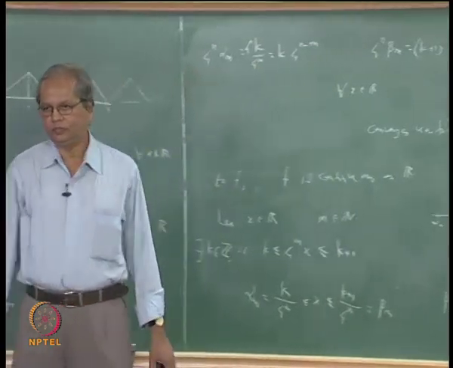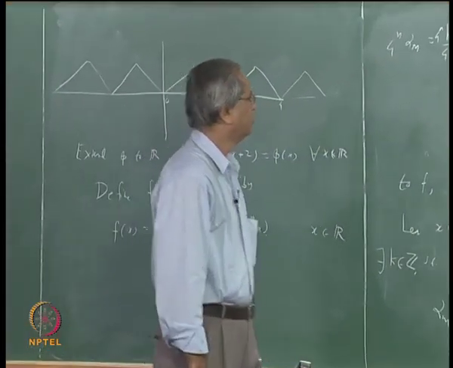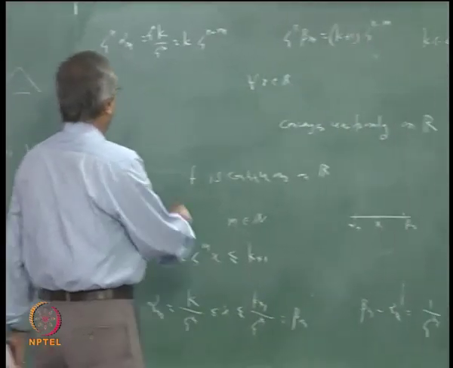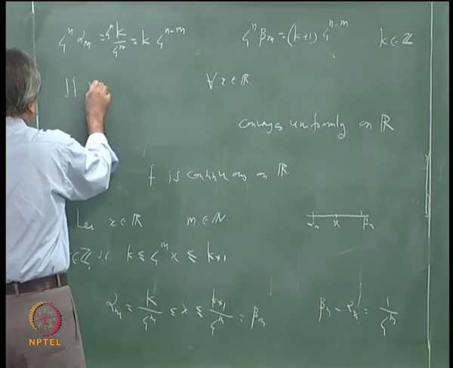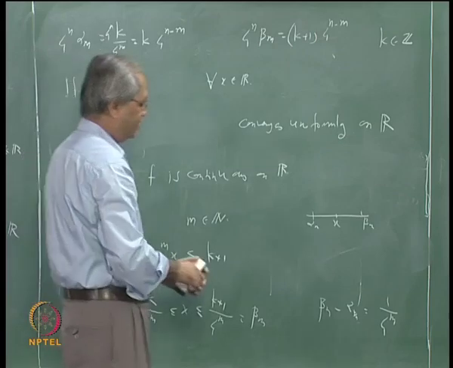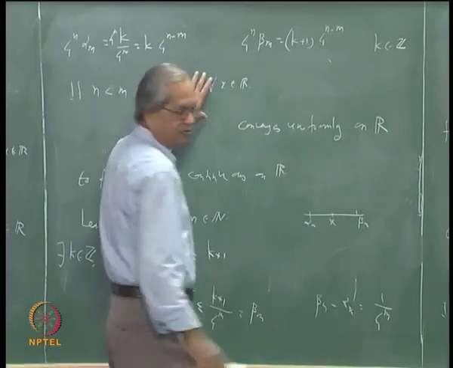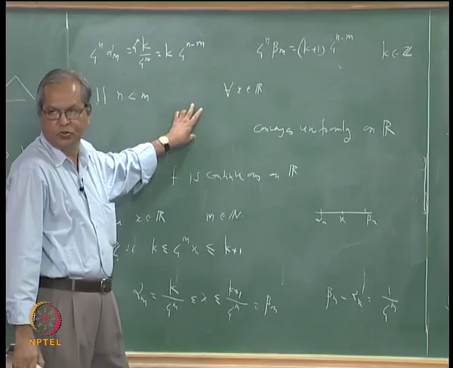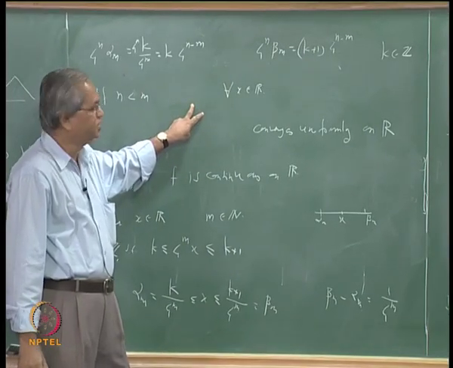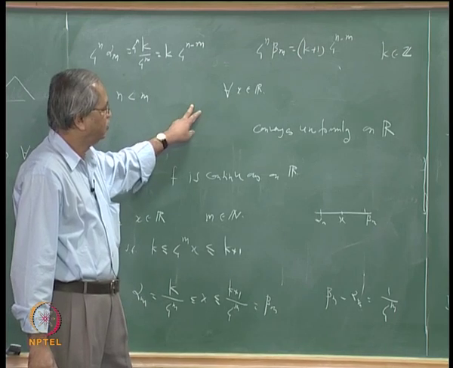Now let us look at this statement. If n is less than m, then between these two numbers no integer lies. How does that follow?